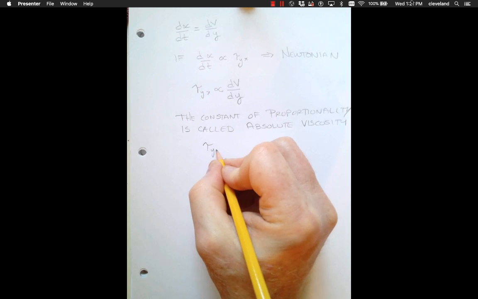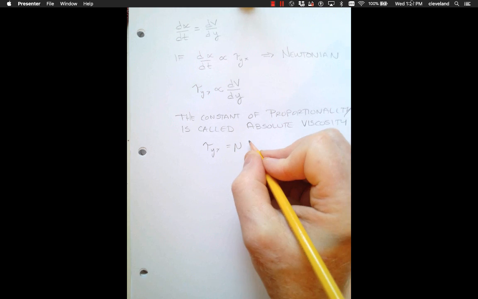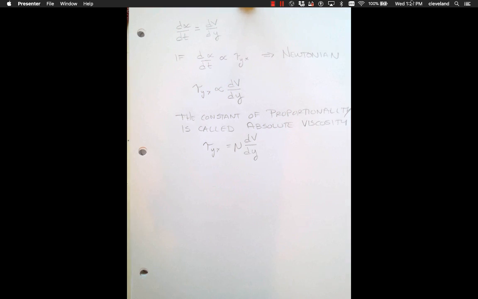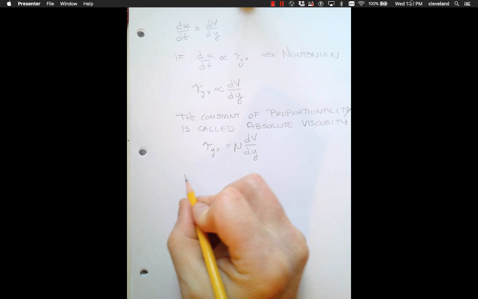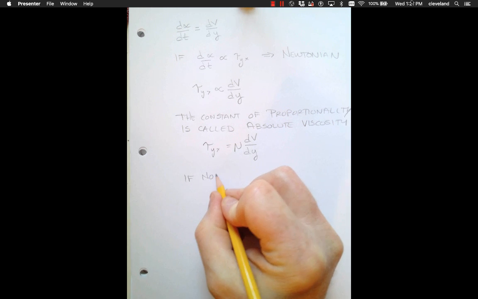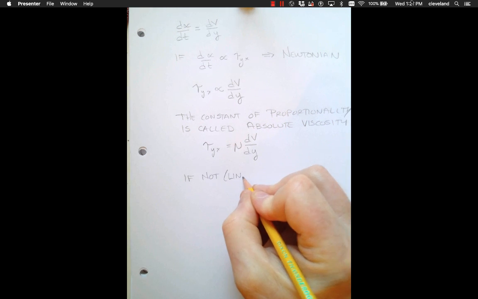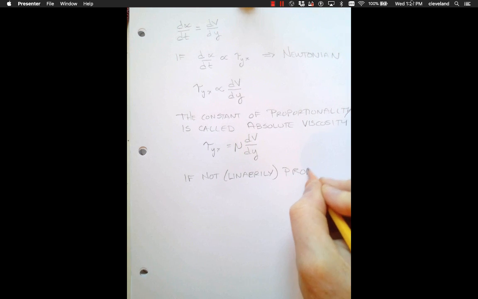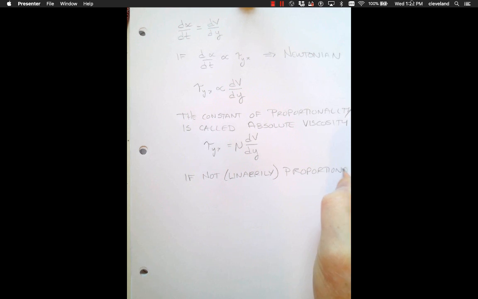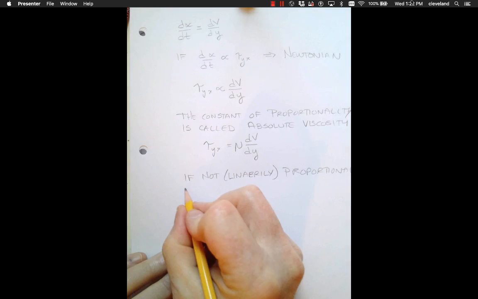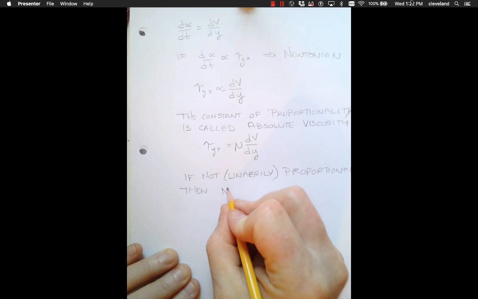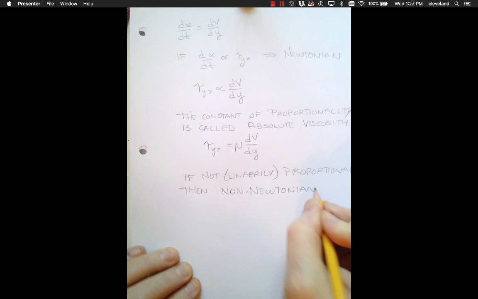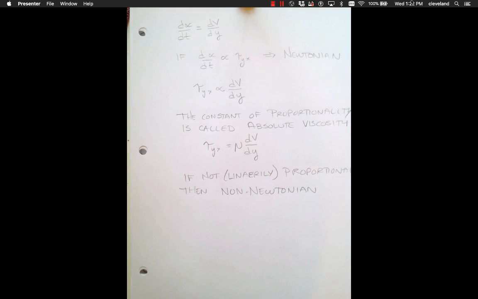And we would write tau yx equals mu dv dy. If it's not proportional, then the fluid is non-Newtonian. And the fluid property is a little bit harder to describe.